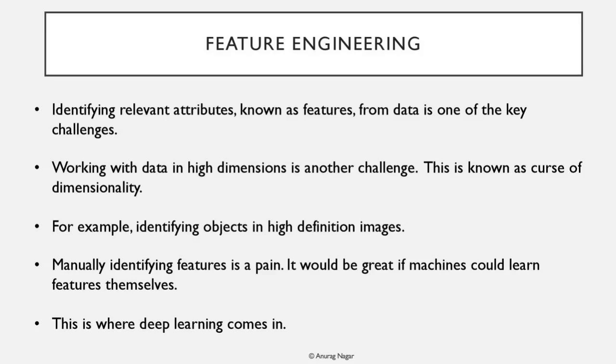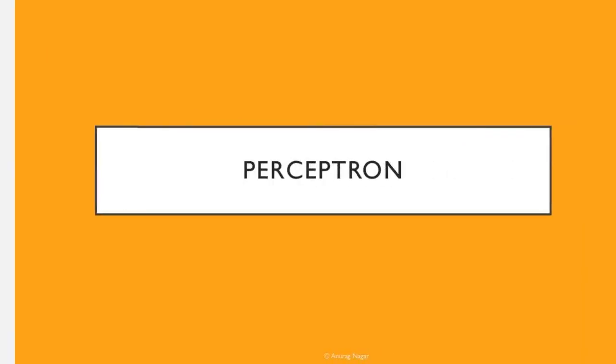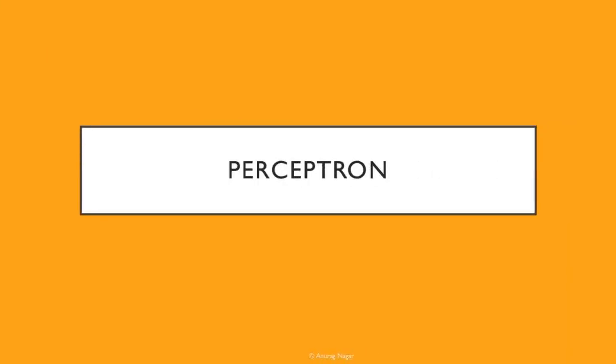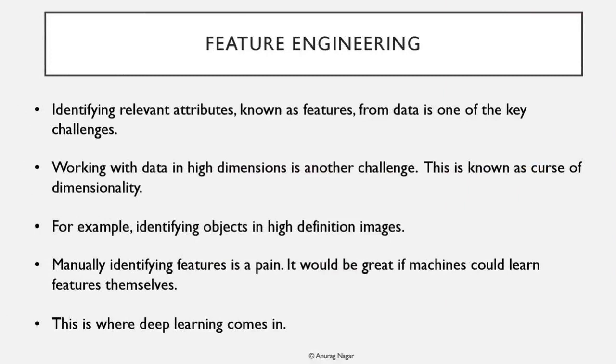Well, that's a challenge. That is where a field of learning called deep learning comes into play. We have talked about basic learning, and deep learning is what I wanted to talk about, which is identifying features as well as data modeling from the given training data.